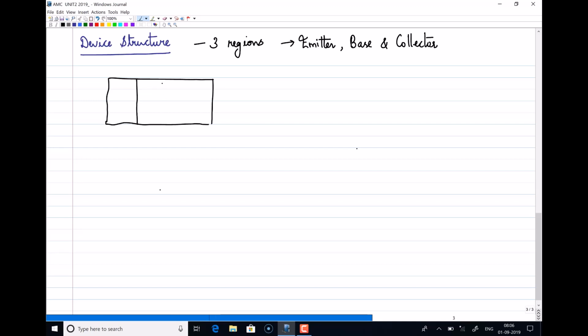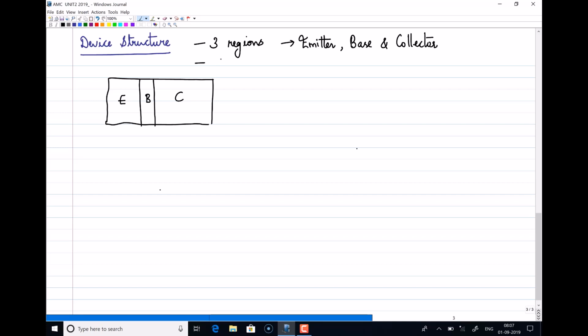We'll mark them like this: emitter region, base region, and collector region. So this is the emitter, this is the base, and this is the collector.